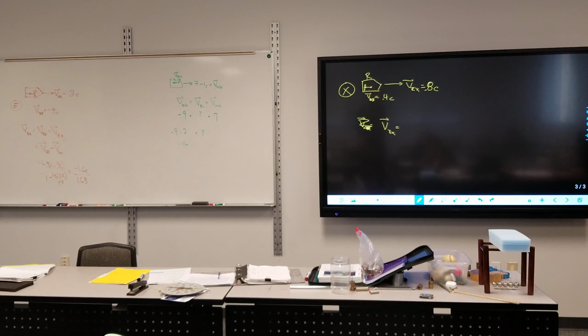The numerator, you're going to either add or subtract the two velocities. These would be plus or minus. That would be multiplication right there.